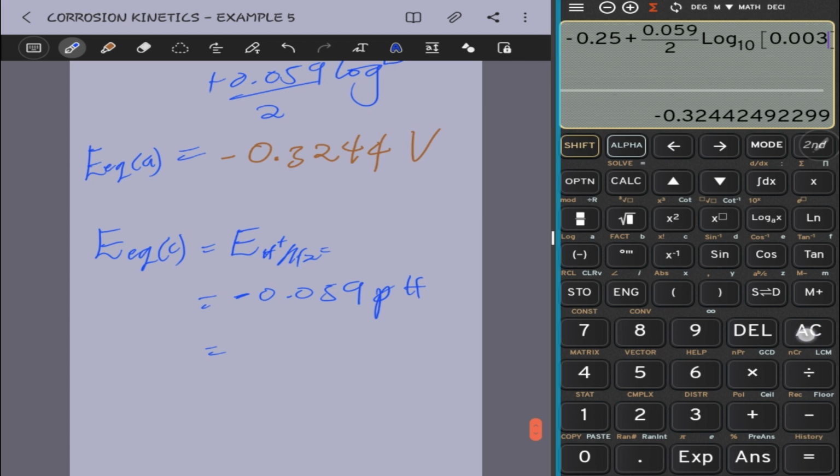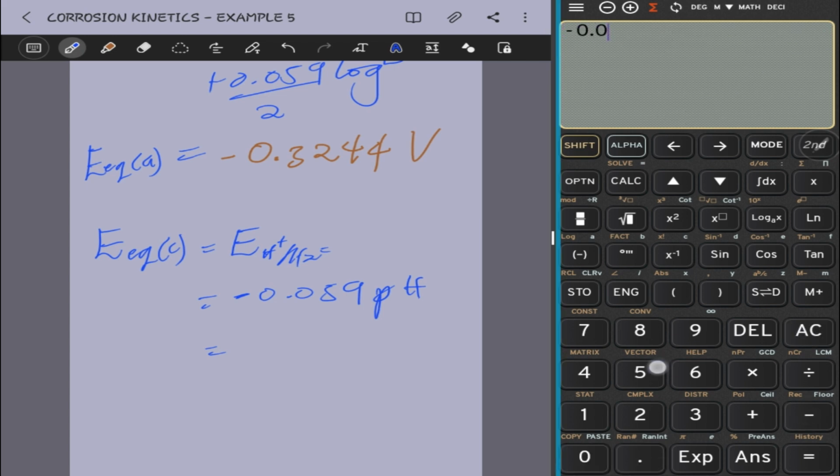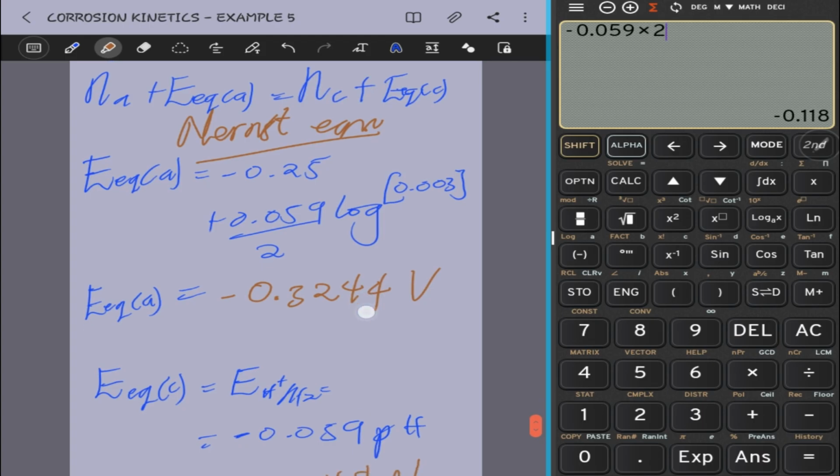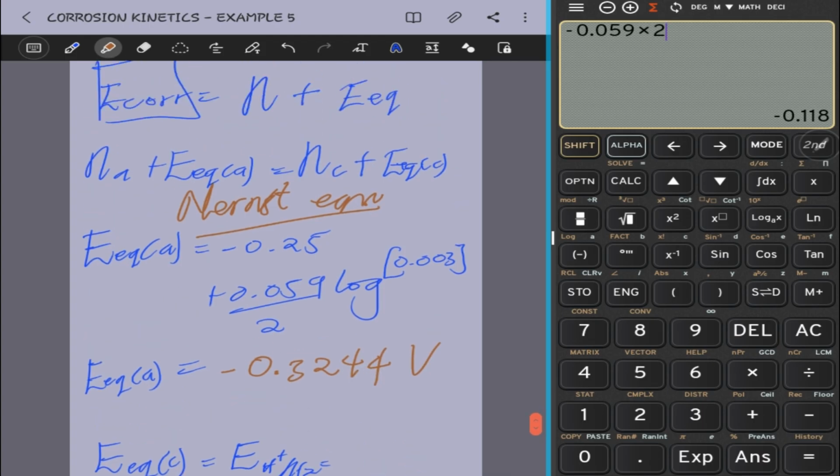So that will be minus 0.059 times the pH, which is 2, so that gives us minus 0.118 volts.